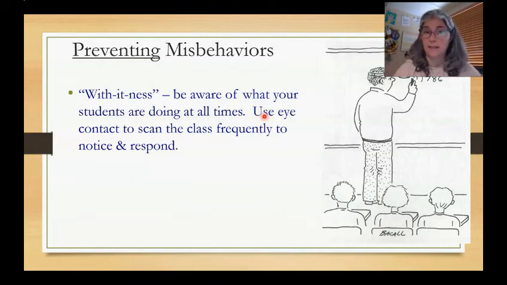Is everybody listening? Do you see furrowed brows that tell you that students are confused? Are they dozing off? Are they bored? Using your eye contact to monitor your students will help you know how to teach them, but will also help you to identify misbehaviors. And if they feel like you're this guy with eyes in the back of his head, they're going to be better behaved.